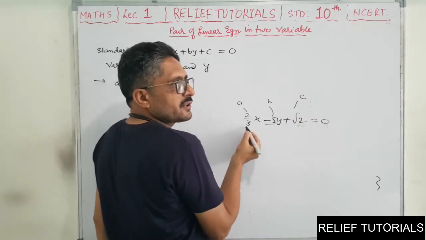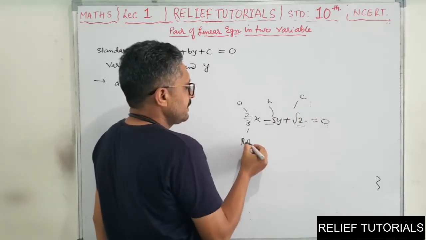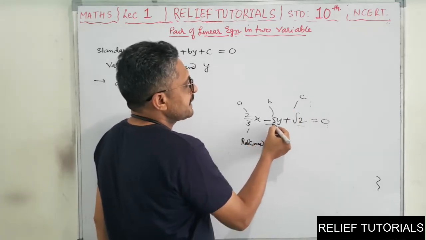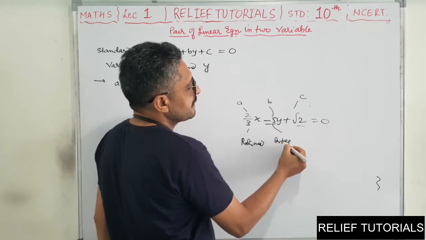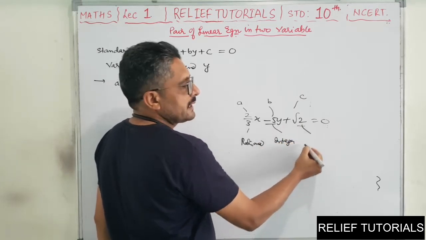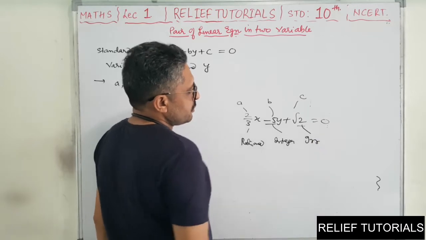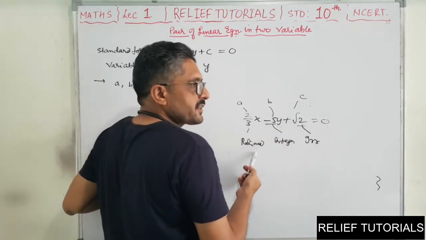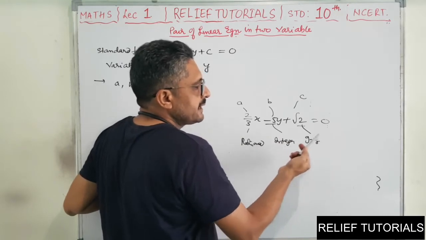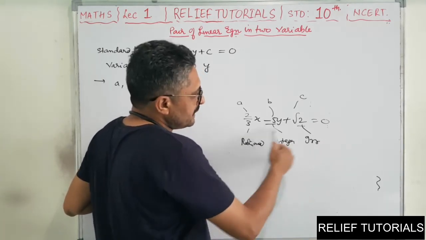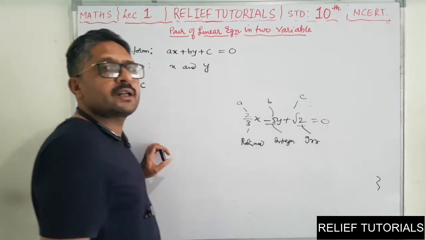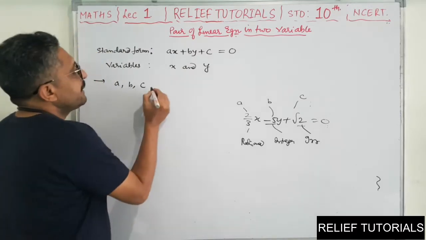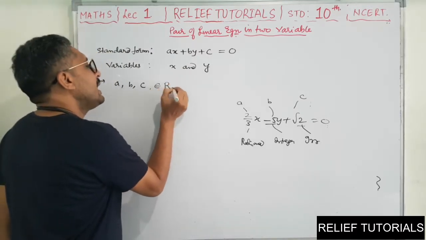This is a fraction, so it is a rational number. Minus 5 is an integer. Root 2 is an irrational number. So altogether we can say a, b, c may be rational numbers, integers, or irrational numbers. All these numbers altogether are called real numbers. So we say a, b, c belong to R.